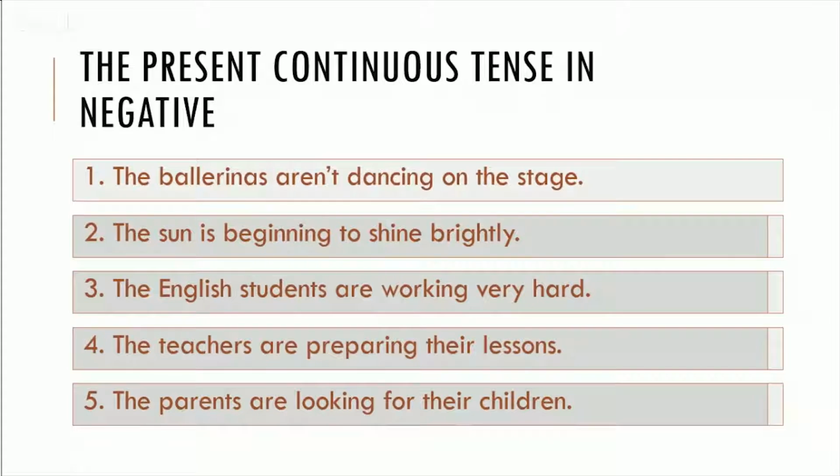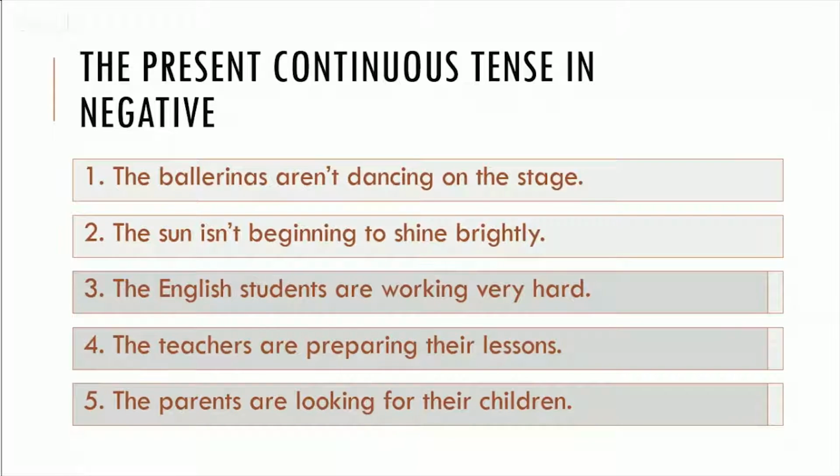The sun is beginning to shine brightly. If you want, you can put the answer on the chat, or it's going to come up on the screen shortly. You can write it in your notebooks. I think this is rather easy because we've worked on this already a little bit. It's just now in the continuous tense. So I'm not going to spend too much time with this because we've kind of done it already.